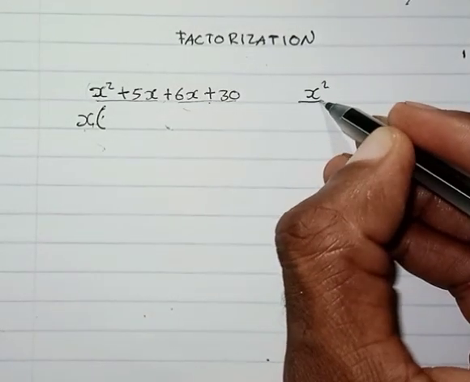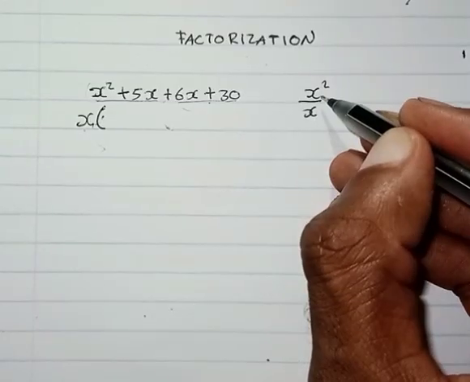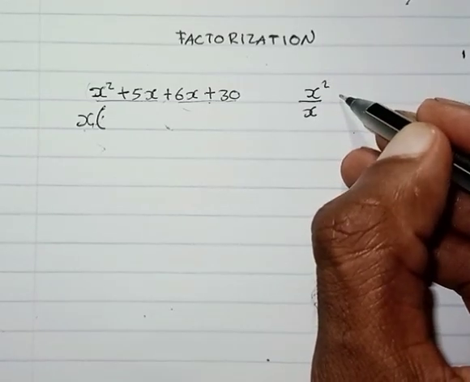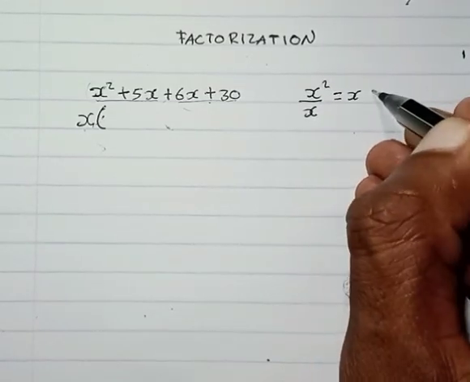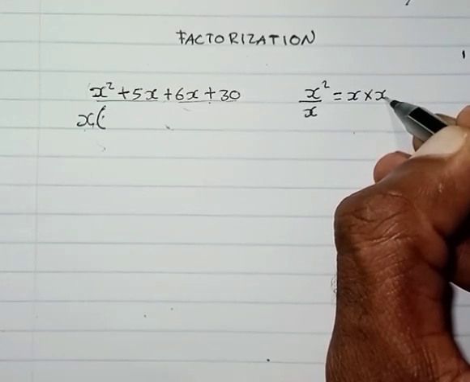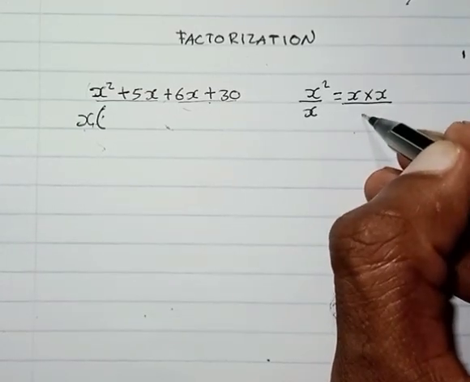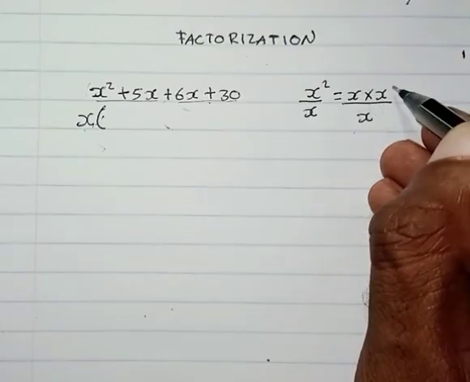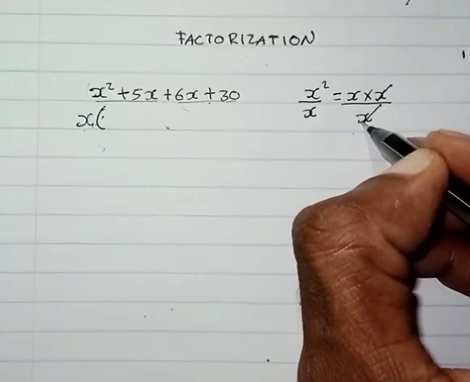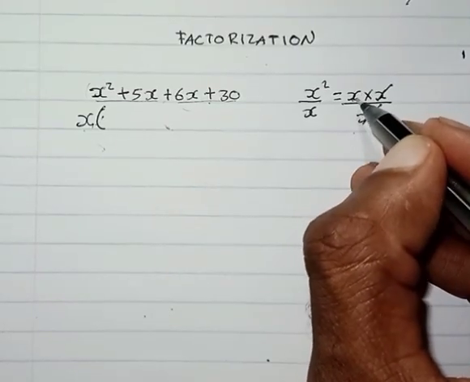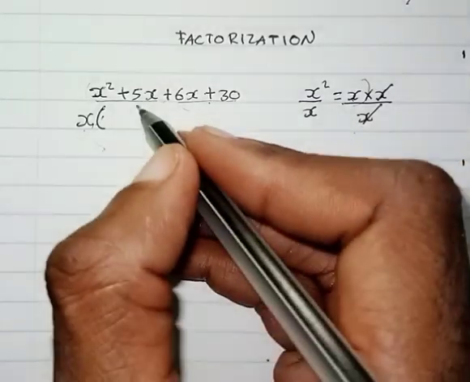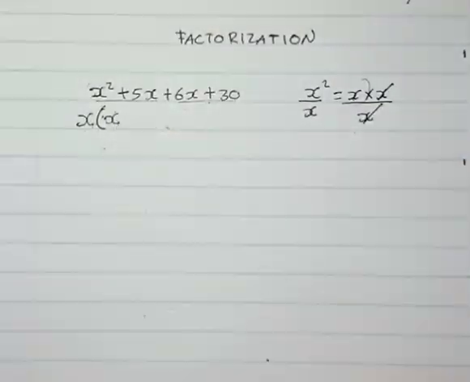X squared divided by x. The expression on top means x times x. Then we have over x. So this x and this x will cancel out so that we just remain with 1x. So this 1x, that's the one we put here.